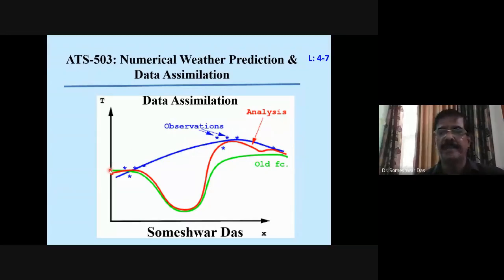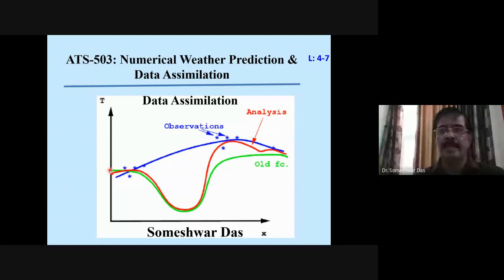Now, as you know, for every objective analysis scheme or even for data assimilation, we always use a first guess, which is called the background field, obtained from the last 6-hour forecast of the model.